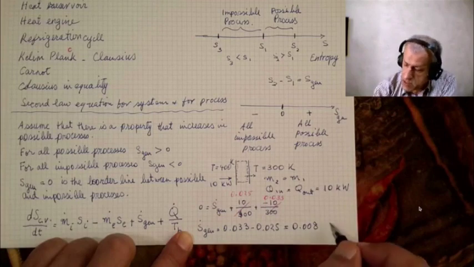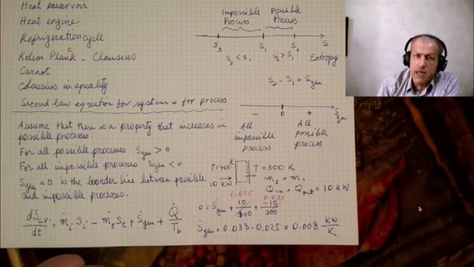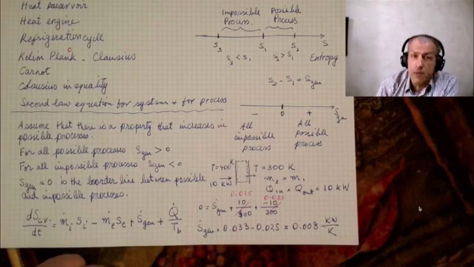What are the dimensions? Kilowatts per kelvin. S dot gen is positive, and therefore the problem is possible.